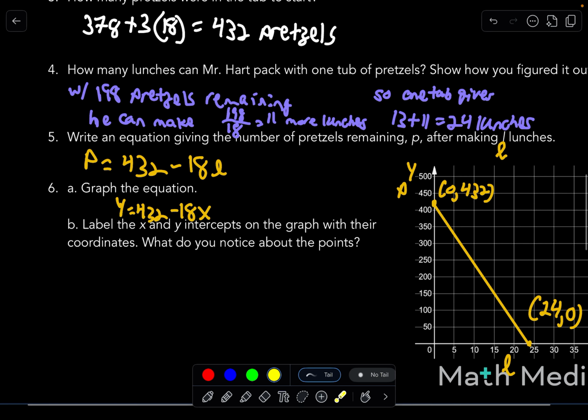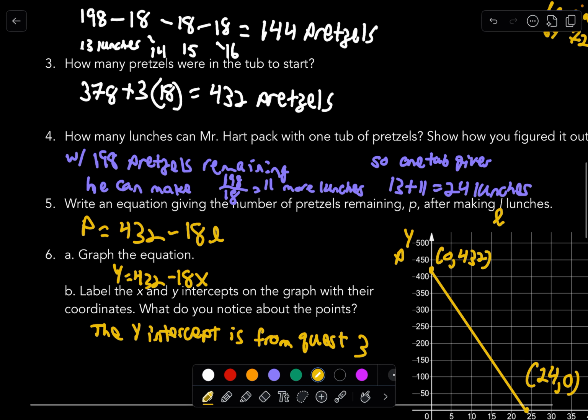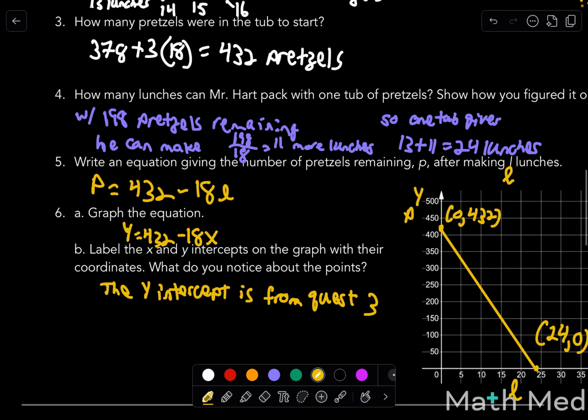Now, okay, what do you notice? Okay, I labeled it. Well, the y-intercept is from question 3, which asked how many pretzels were in the tub to start.